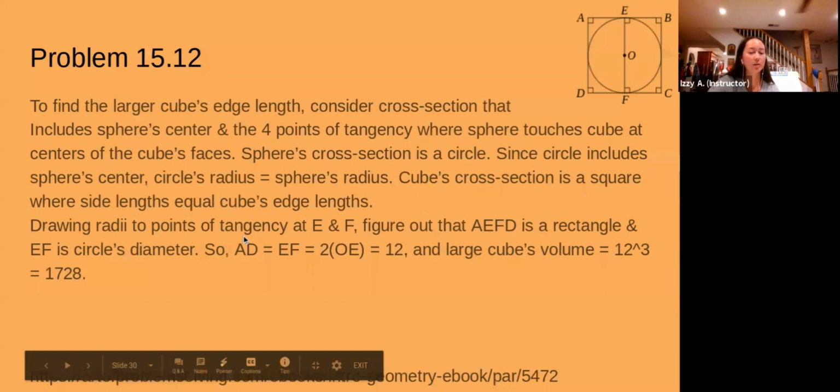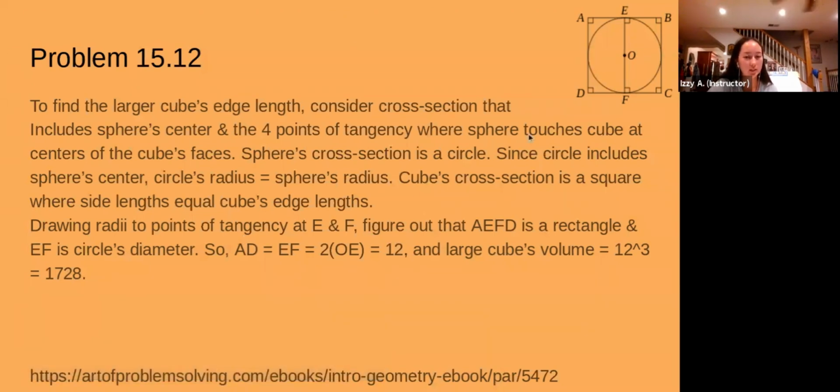So we want to draw radii to points of tangency at E and F, and we can figure out that AEFD is a rectangle and EF is the circle's diameter. So AD is going to be equal to EF, which is going to be equal to 2 times OE since we're given the radius. That's going to be 12. And the large cube's volume is going to be 12 cubed, which is 1,728.